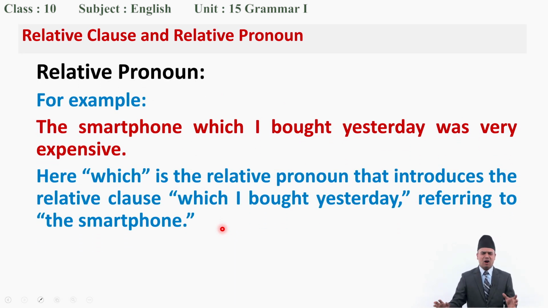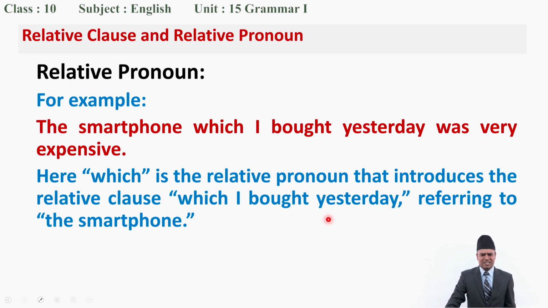Let's see another example of a relative pronoun. The smartphone which I bought yesterday was very expensive. Again, I want to read: the smartphone which I bought yesterday was very expensive. Here, which is the relative pronoun that introduces the relative clause.